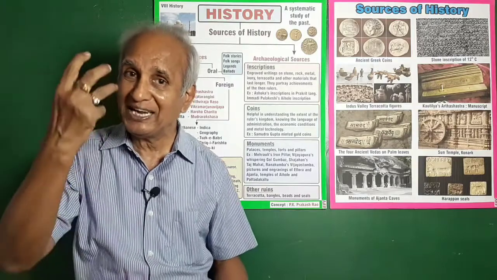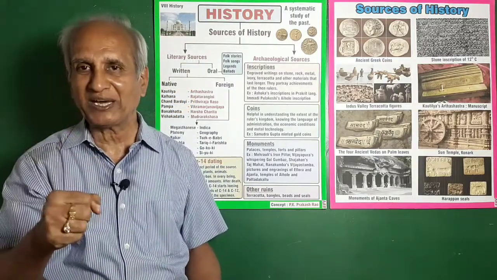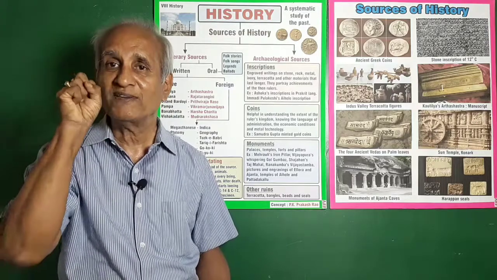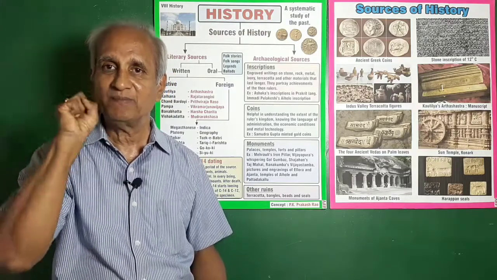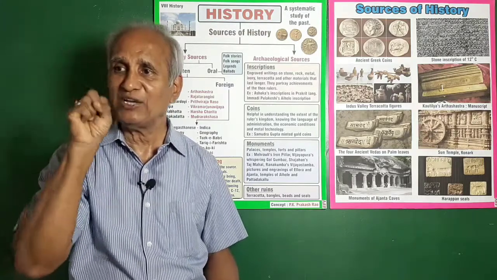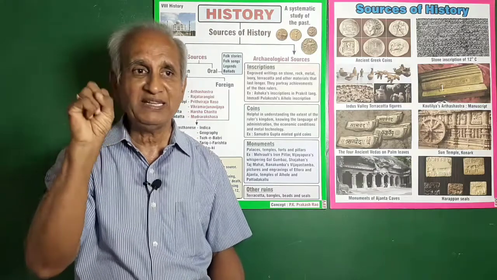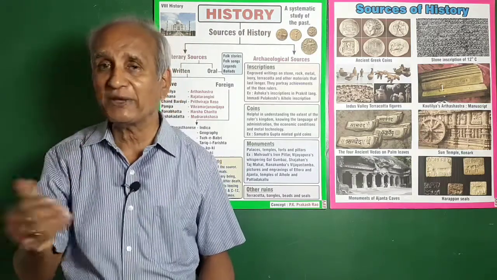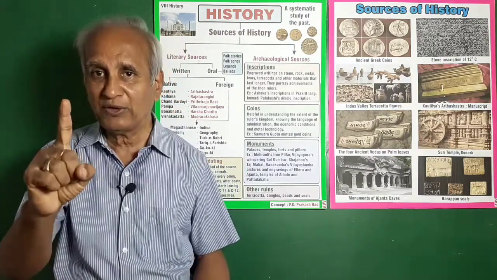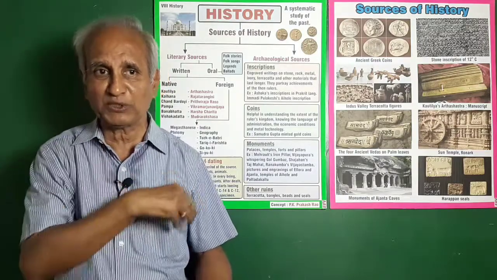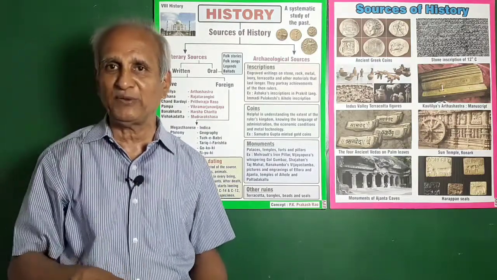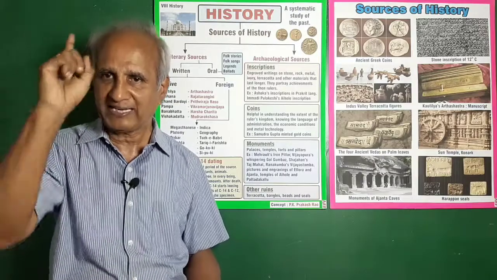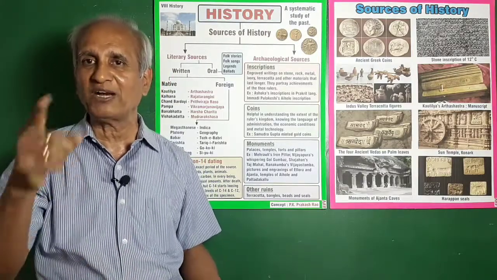Carbon-14 is radioactive. What do you mean by radioactive? It gives out special rays. It releases energy all the time. Radioactive elements you can't keep in your possession. Radium is radioactive. Thorium is radioactive. Actinium is radioactive. They are all radioactive.